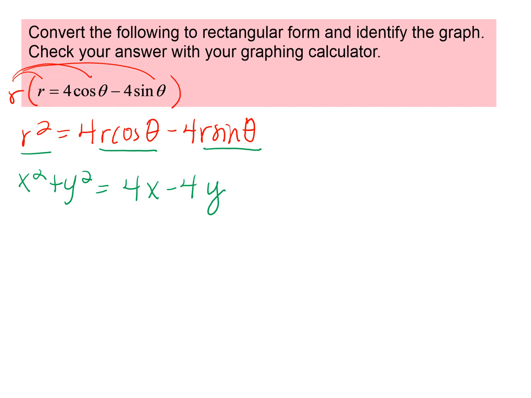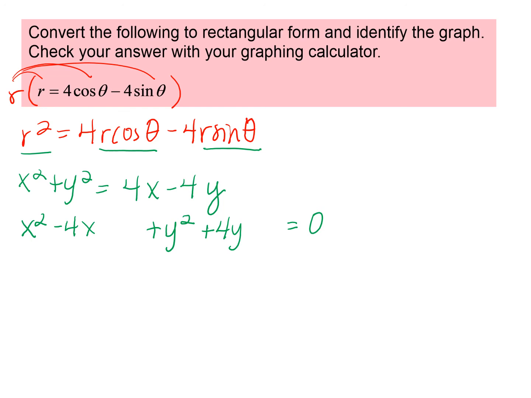I'm not going to write the steps out again. If you need to go back and look at that, hopefully you wrote them down. But we need to group the x's together. So if I bring over the 4x, it will be a negative 4x. I'm going to skip some space, put my y squared, bring the 4y over, so it will become a positive 4y, skip some space, and I did not leave anything on the other side.